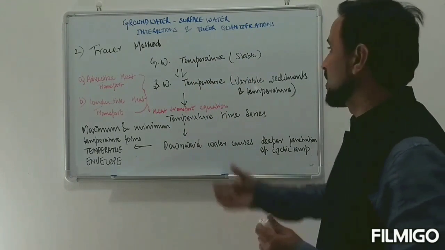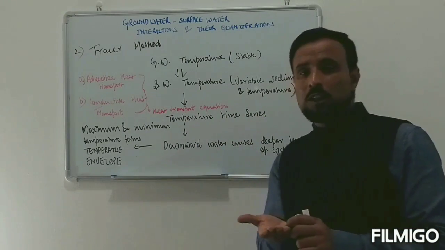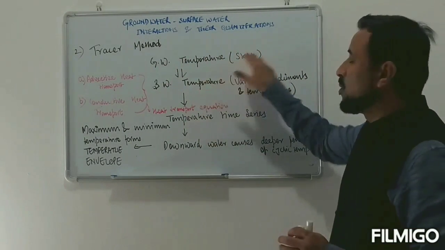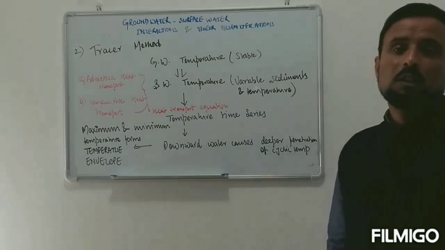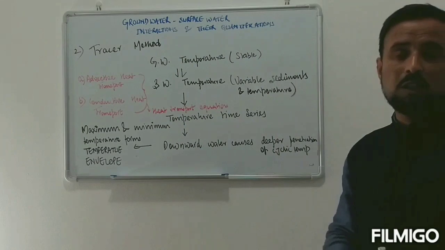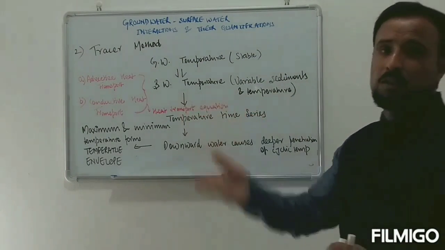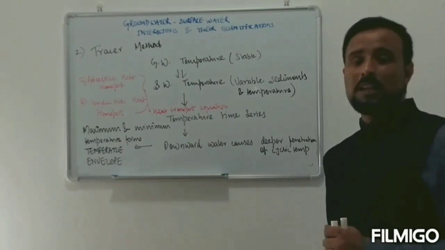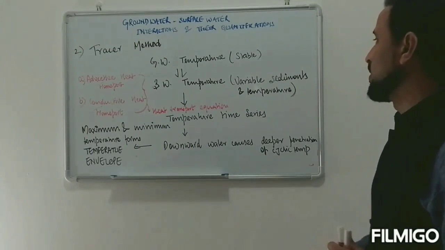We assume that the temperature in the groundwater layer is more stable, and the surface water, because it is exposed to sunlight and evaporation, has a different temperature. Groundwater has a stable uniform temperature.